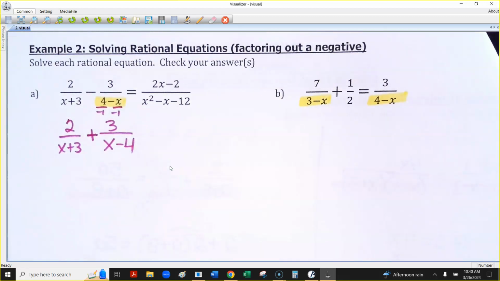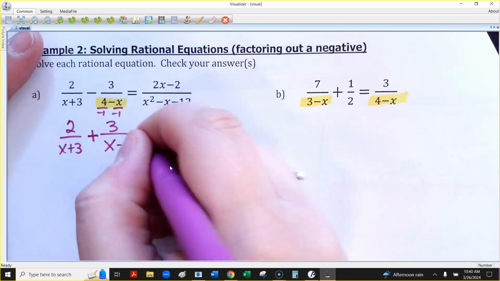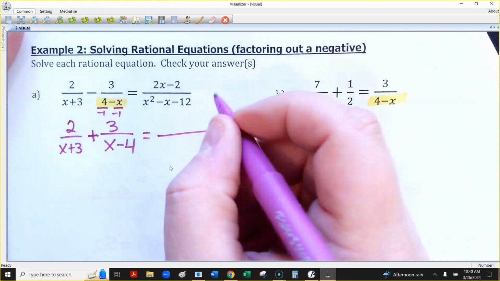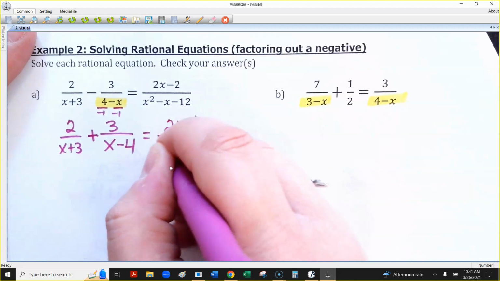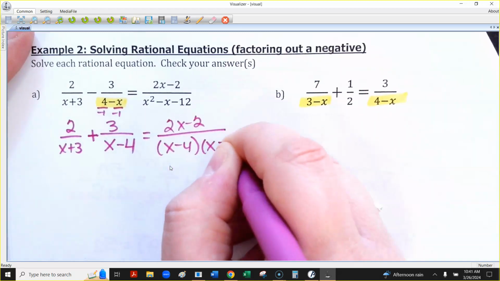Does that make sense? I'm literally changing the sign, but what allows me to do that is I changed that to a plus in between those two fractions. I'm factoring a negative out of both terms in the denominator. Completely legal to do that. And then you guys are going to see, if I do that little trick, the denominator over here, in factored form, is going to be x minus 4 times x plus 3.